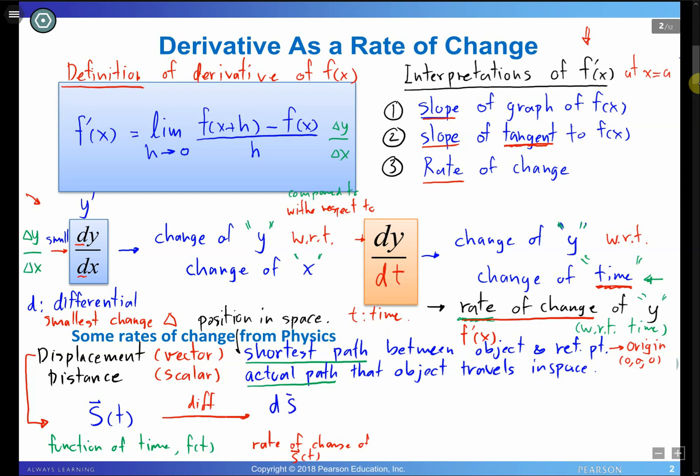D of s, once again a function of time with respect to t. And this is equal to velocity. And velocity has to be a vector too, both magnitude and the direction. And it also has to be a function of time. So let's make a box around this one right here. Displacement, and now we got the velocity, derivative of displacement.